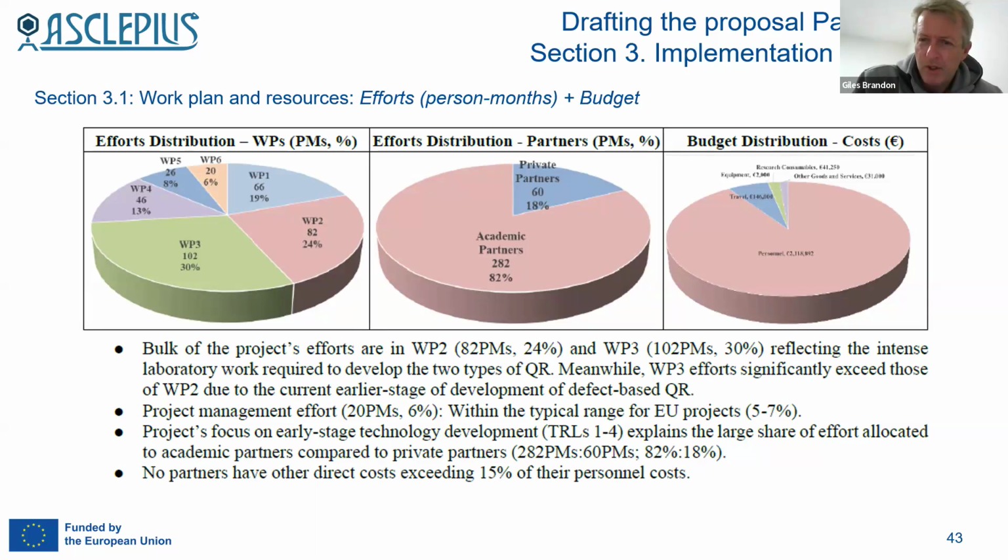Also, it's not shown in this pie chart, but if you have some subcontracting budget, make sure that budget is as small as possible, certainly below 5%, and give some words to explain.